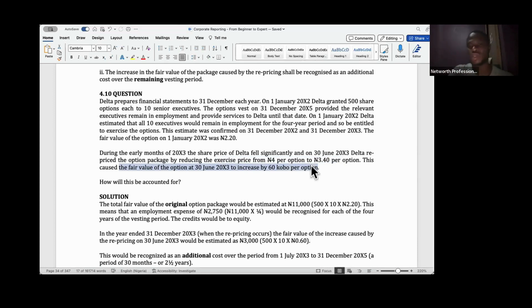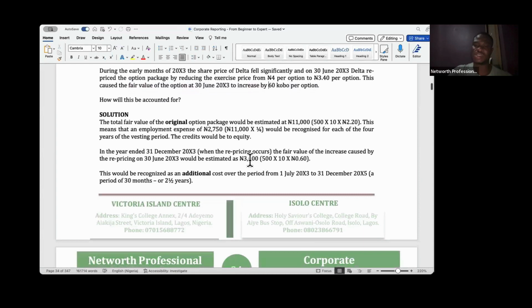Whatever question they give you in an exam will not be different from what I'm showing you today. It will result in an increase in the fair value of the option in all cases. And that is the only thing we need there, this 60 kobo. That is the only additional thing we have done. That's it.